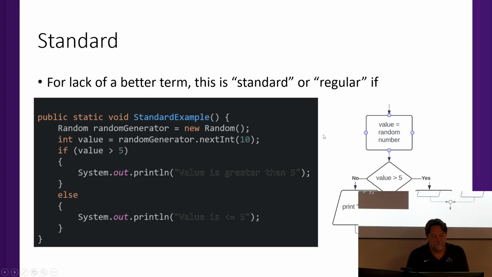Okay? If you've done Python, you probably remember indentation is very important in Python. It means something in Python. Well, here it doesn't mean anything. You can put everything on one line as long as your curly braces match up.